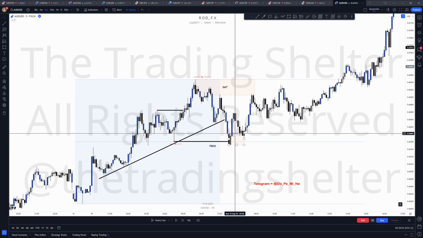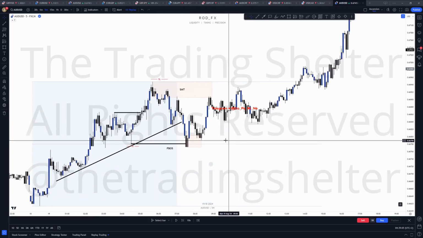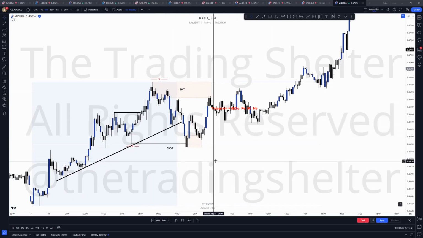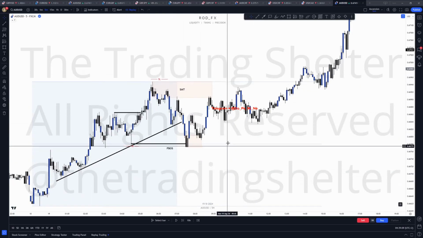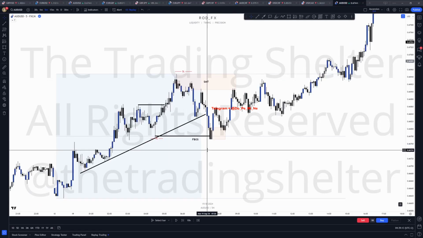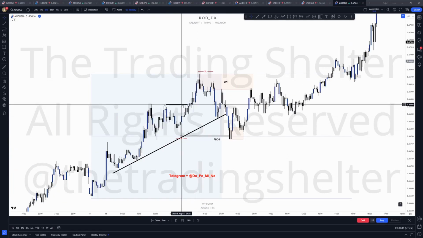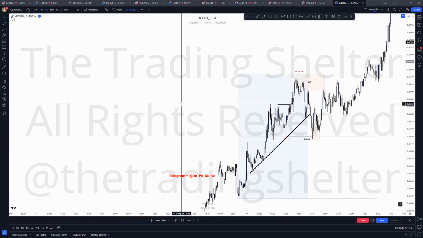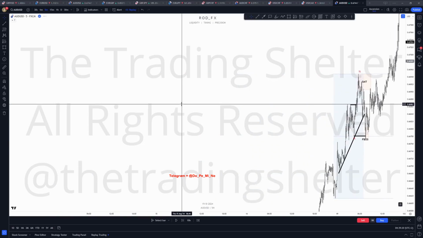Okay, so now let's go back and try to understand why sometimes those FBOSs are not valid. Remember, you always need to look to the left.